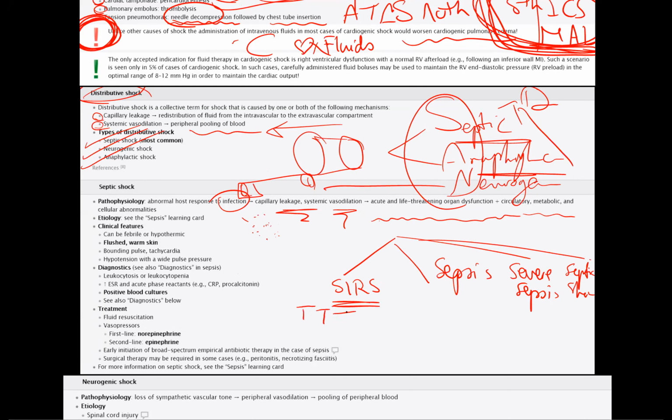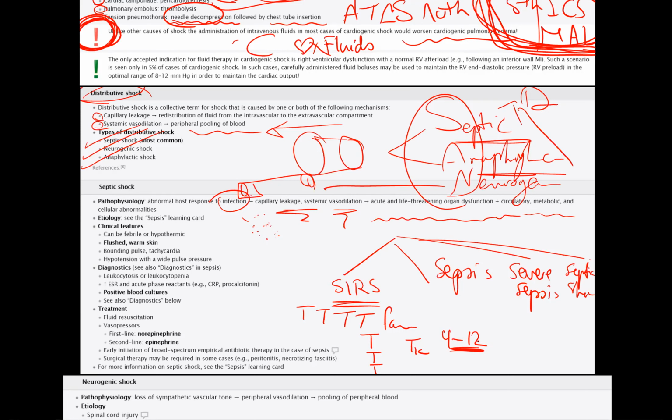Here, SIRS is the T family. We have temperature, tachypnea, tachycardia, and TLC, total leukocytic count. TLC outside the range from 4 to 12,000 cells per cubic millimeter.